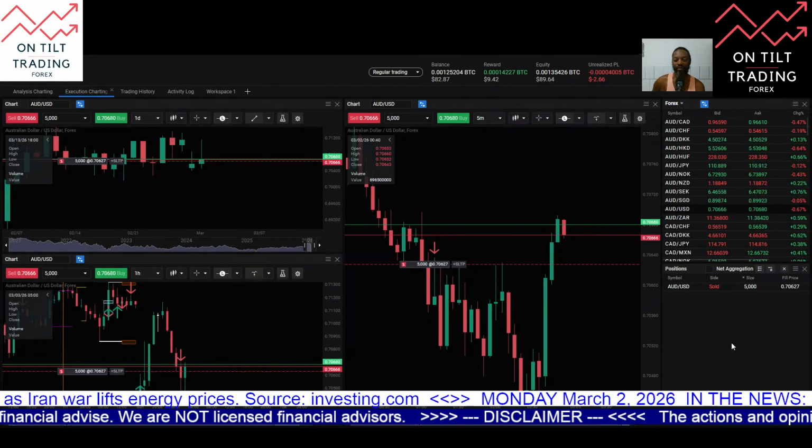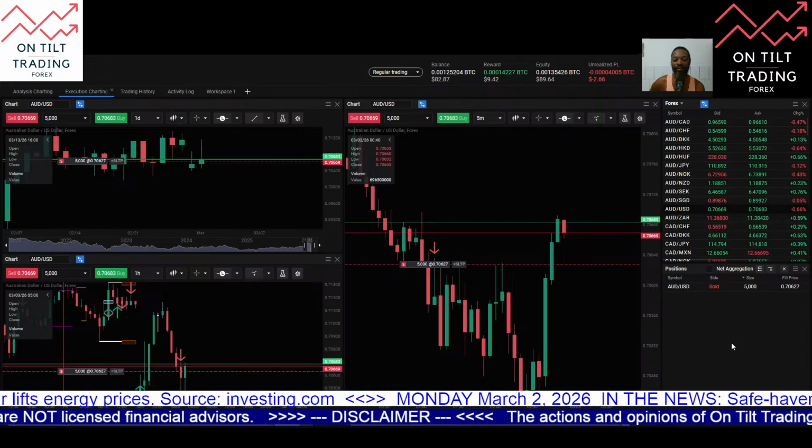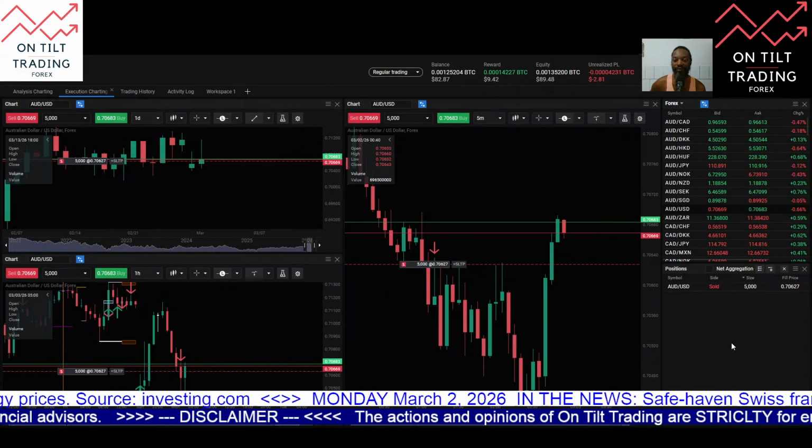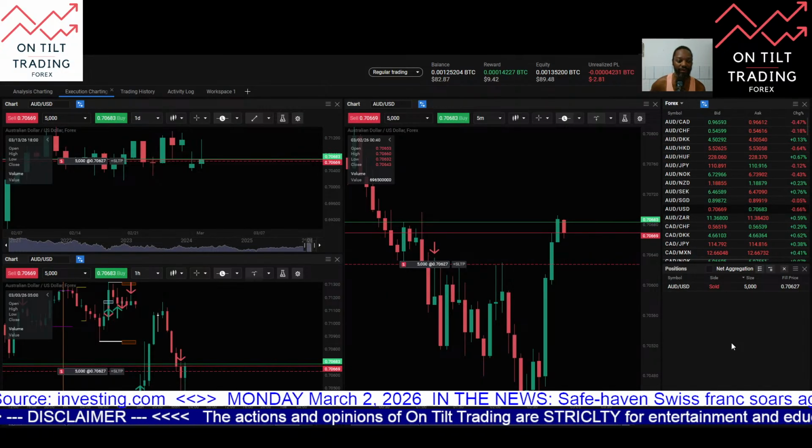Price currently still trading here in this 5-minute candle inside the range of the previous 5-minute candle.